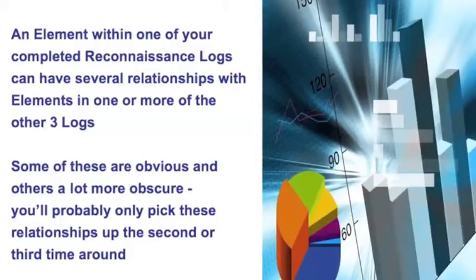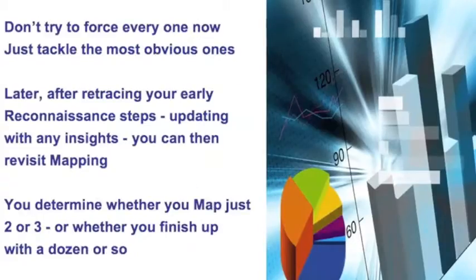Now, some of these are obvious, and others are a little bit more obscure at first. And in fact, those more obscure ones you'll probably only pick up the second or third time around. So, until you get the hang of this, don't try to force and squeeze out as many relationships as you can. Just tackle the most obvious ones.